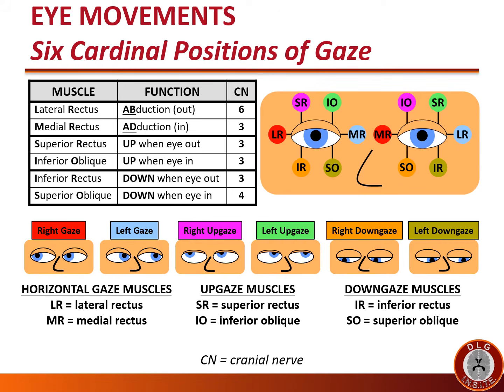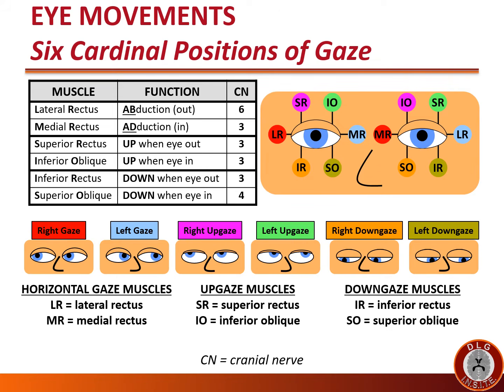There are 6 cardinal positions of gaze due to the actions of 6 extraocular muscles. The lateral rectus muscle is responsible for abduction, moving the eye out. The medial rectus is responsible for adduction, moving the eye in. The superior rectus is responsible for making the eye look up when it is already out.